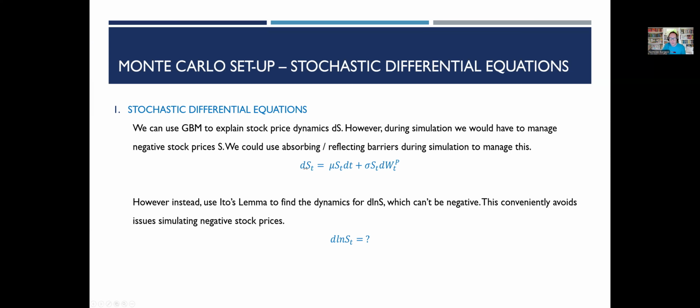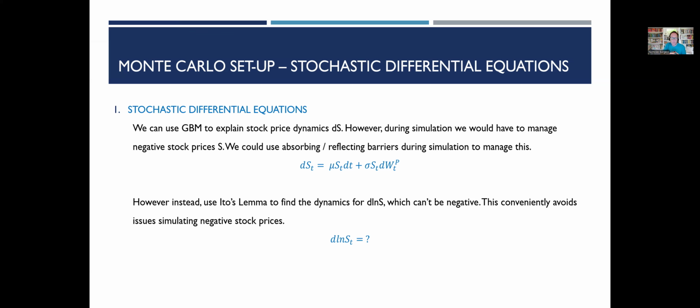Now, we have a problem if we use this formula directly for Monte Carlo simulation. There's nothing in the formula to stop stock prices being negative, and that's a problem. That would mean if we use this formula directly, which you could do, we would have to deal with negative stock prices in our simulation. The typical way of managing negative stock prices would be to use absorbing or reflecting barriers during the simulation process.